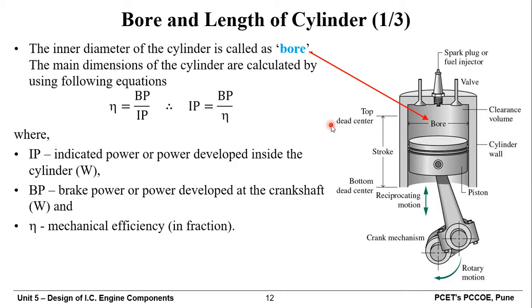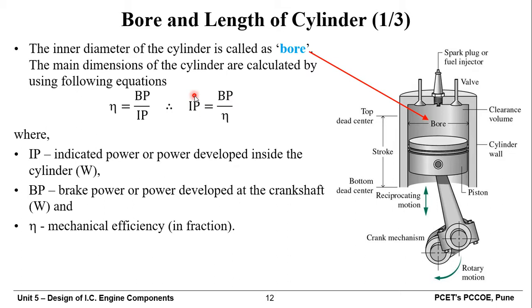And generally in any application, take an example of a car, we are interested in how much power is available at the crankshaft and what is the efficiency of the engine. So if you have these two values, that is power available at the crankshaft, generally denoted by brake power, and efficiency, then we can calculate the indicated power.